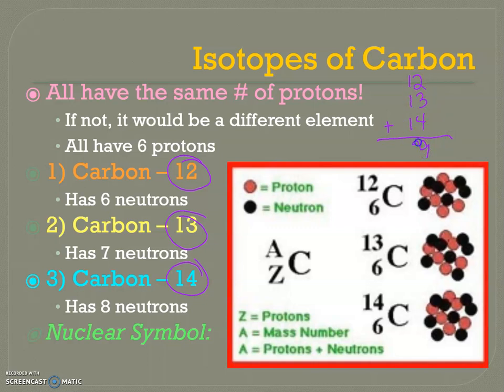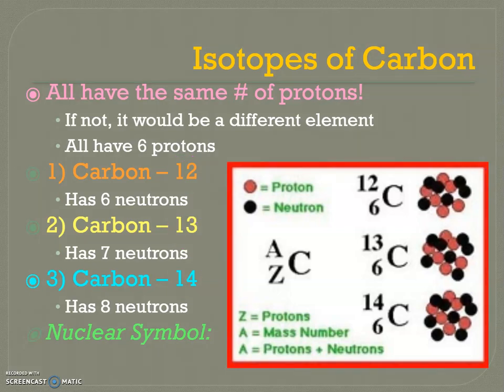You would end up getting 39 divided by 3, and a mass of 13 AMU. Well, if you look at our good best friend, our periodic table, what does it say the atomic mass of carbon is? It says it's 12.011 AMU. That's not the same thing as carbon 13. So what's up with that?